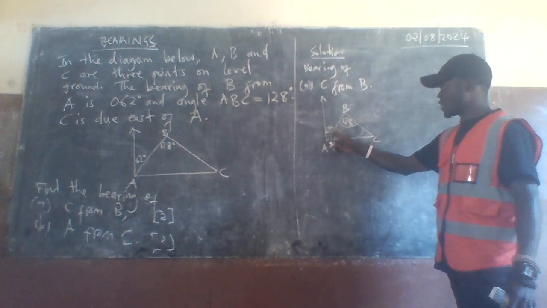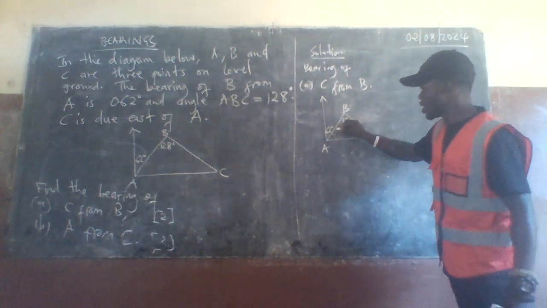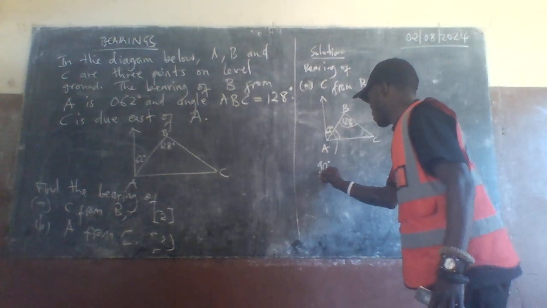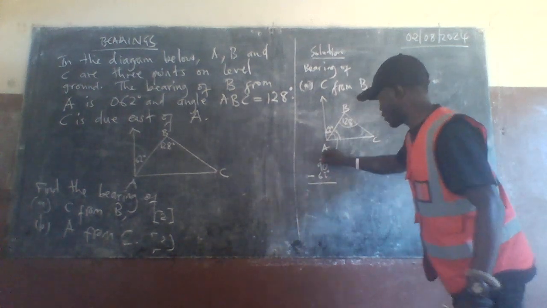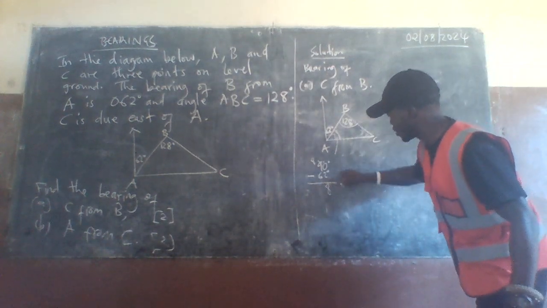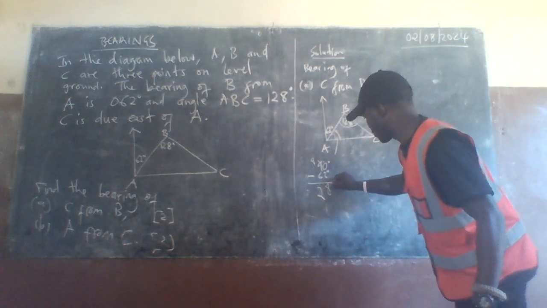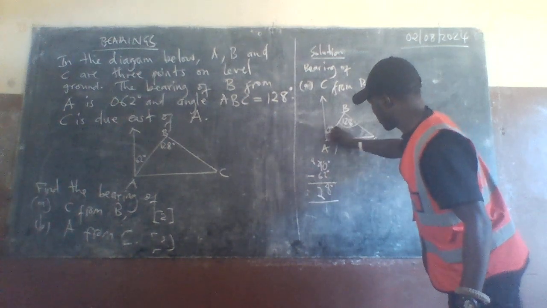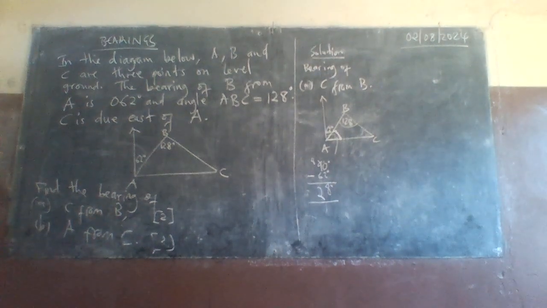If this one is 62 degrees, then we have an angle here which can be calculated by saying 90 degrees minus 62, which is 28 degrees. At that point we have 28 degrees.